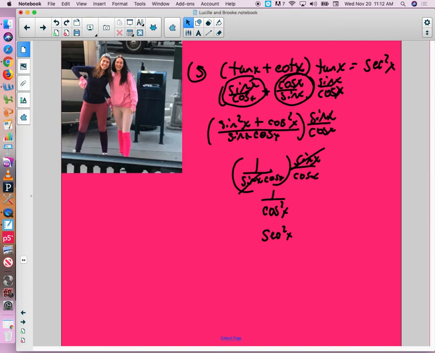A much easier way to work this problem is what I saw somebody do on the board this morning when they were in here practicing. You could change cotangent to 1 over tangent. And by the way, you don't have enough experience yet, but this isn't going away. You'll do this in here and next year. With experience, you'll start to learn to draw the words tan and secant together in your mind.